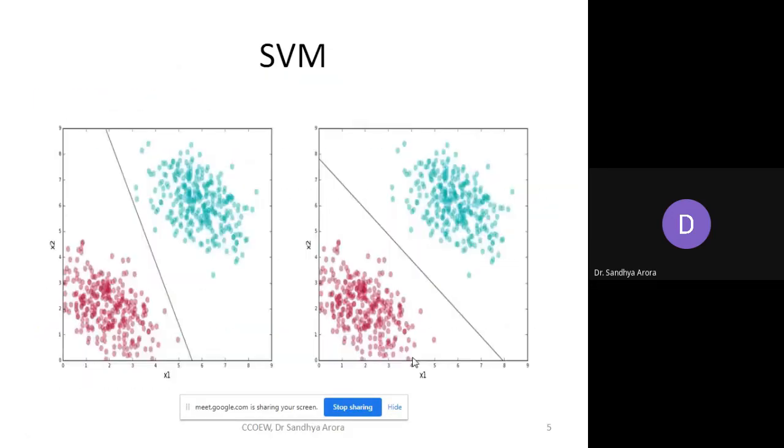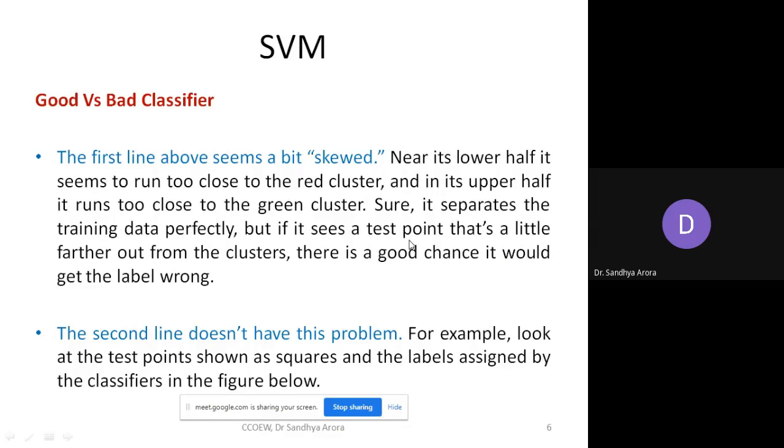These points are called the support vectors, and the distance of this point from this line and this point from this line, this whole distance, is called the margin. We want to maximize this margin. So SVM maximizes this margin.